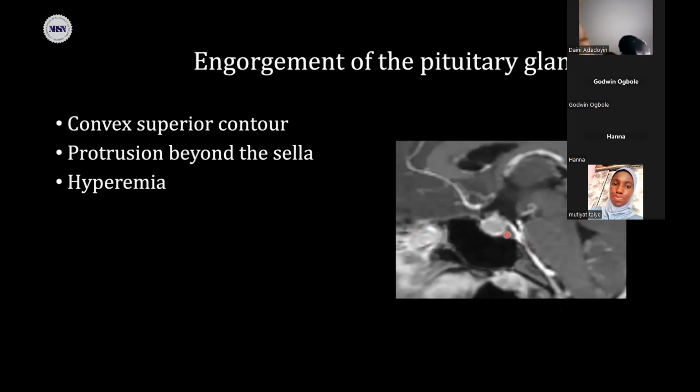For the hyperemia of the pituitary gland, you want to make sure that there is convexity of the upper margin, as well as increased vascularity within the pituitary gland. Okay.